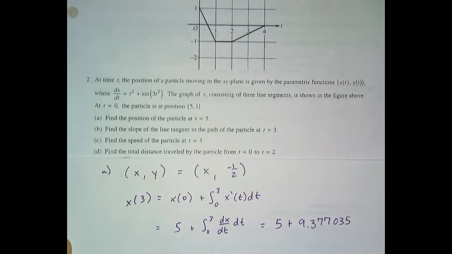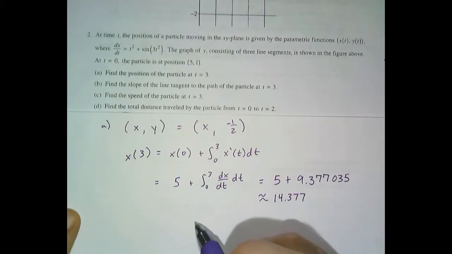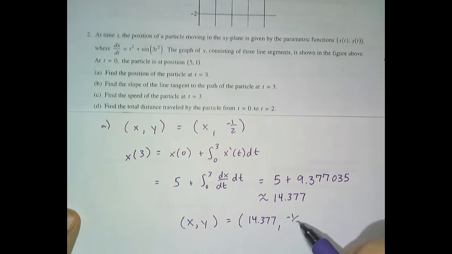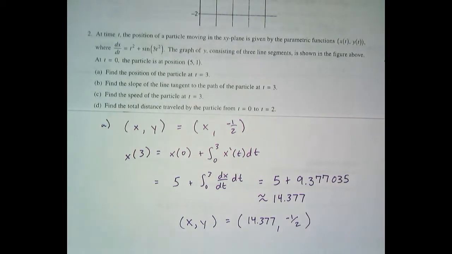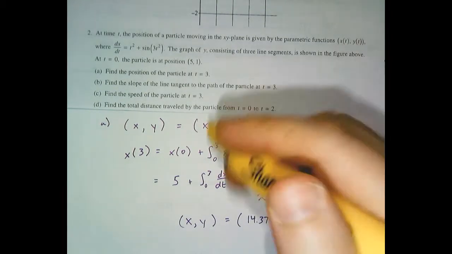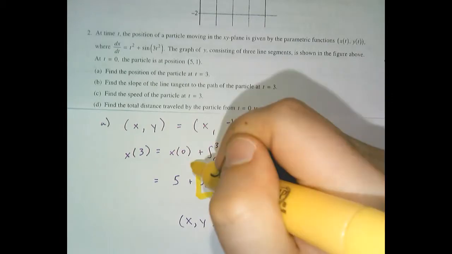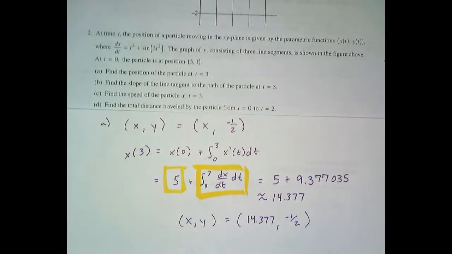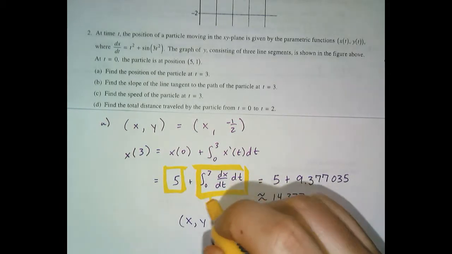So the x position is approximately 14.377. So our position, x y, is 14.377 comma -1/2. This is worth 3 points. 1 point if you did the integral of the rate of change for x, 1 point if you included the initial condition, and then 1 point for the final answer, for a total of 3 points in part A.